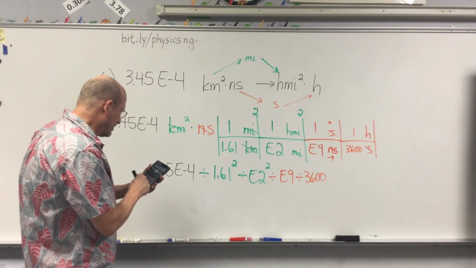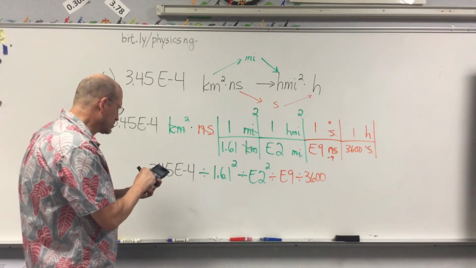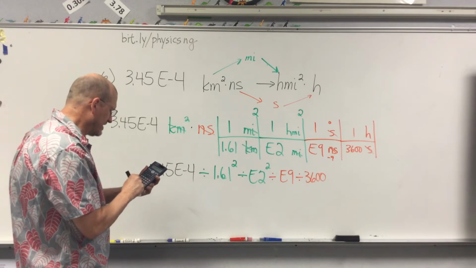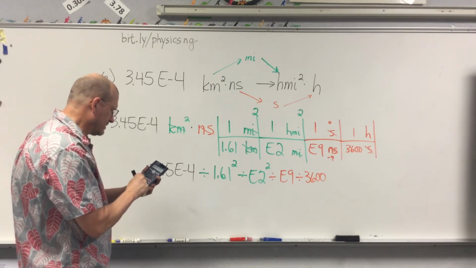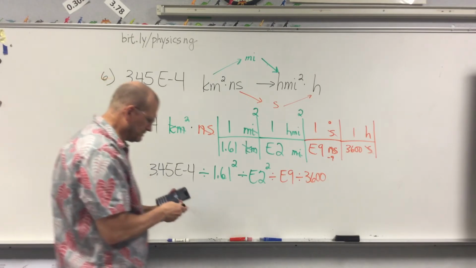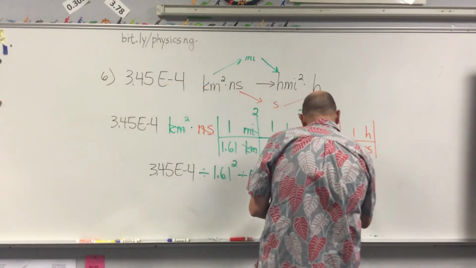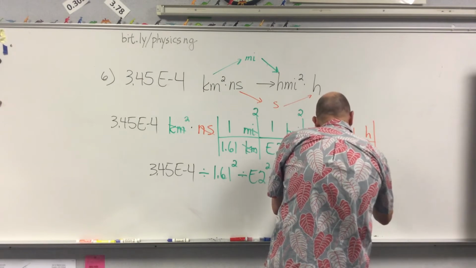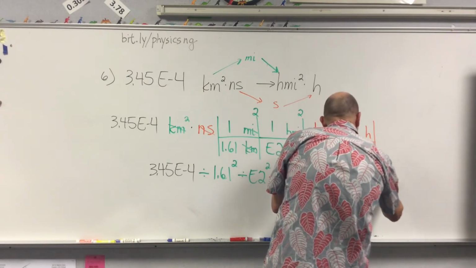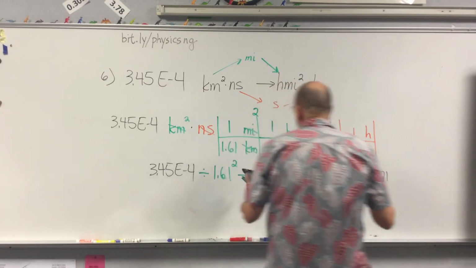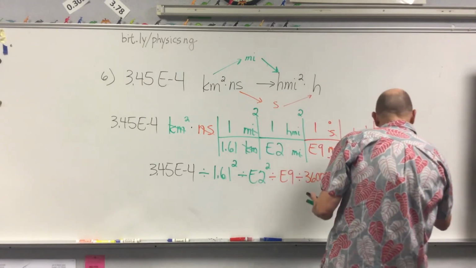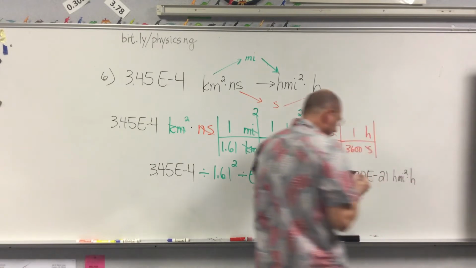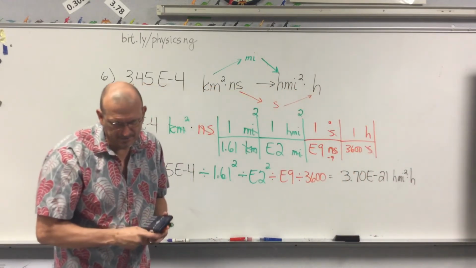We divide by 1.61 squared, divide by E2 squared, divide by E9, and divide by 3,600, hit equal, and I am showing 3.70 E -21, and then to have this completely be correct, I have to have my units on at the end.